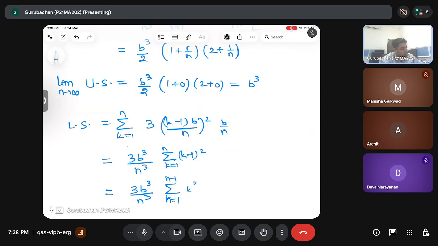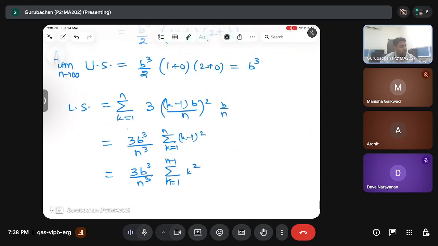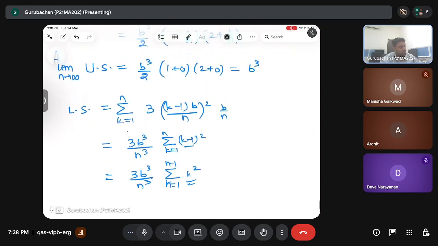I hope it is clear to you why I replaced it with n minus 1. Can you observe that? Archit? Yes, sir, I am seeing. I am substituting k. Yes, sir, I got it. Got it?